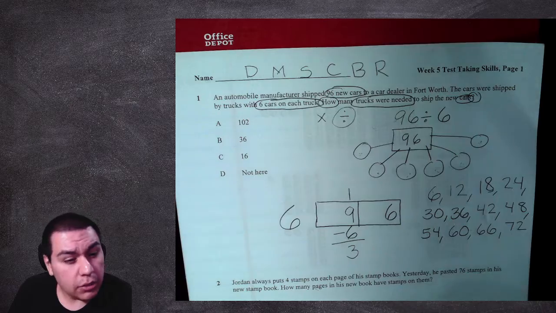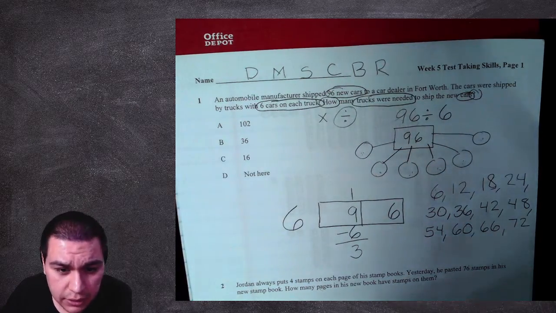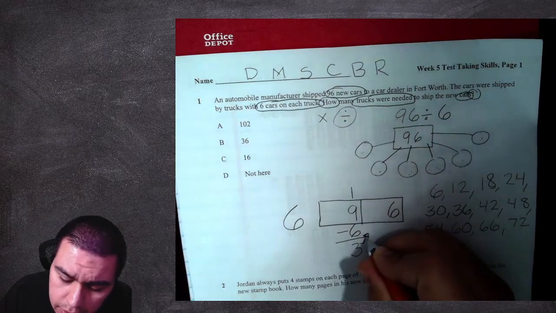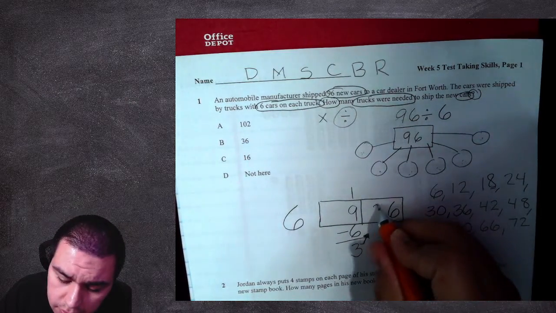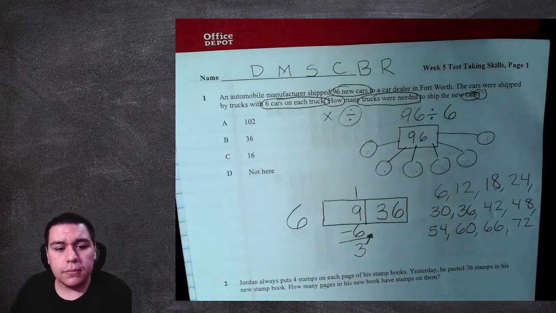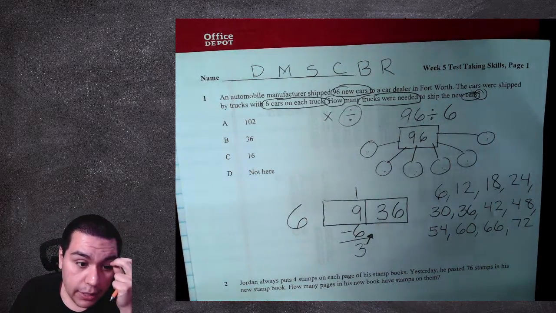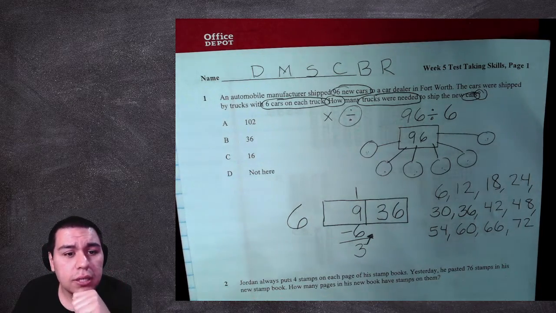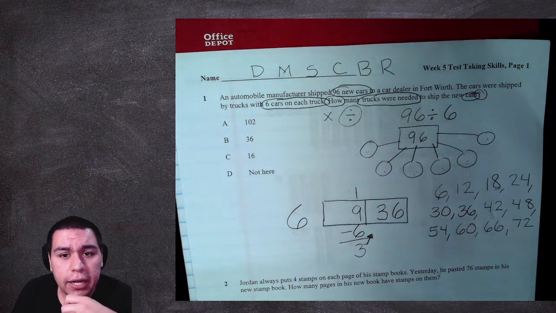Now, I also don't just want to leave this 3 here by itself. I'm going to bring it up to hang out in the next box, the 6. And now I have 36. 36 cars in that second box that I have to work with.